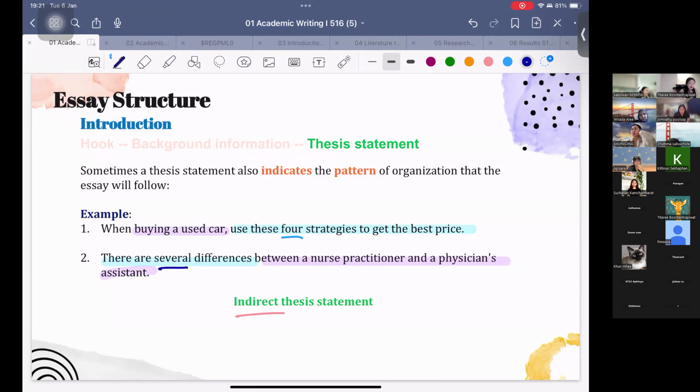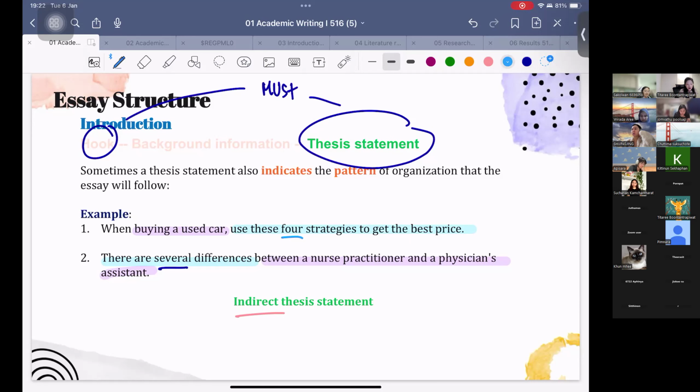The thesis statement must be one sentence when you write introductions. For the hook, this is a must as well. The thesis statement is going to be the last sentence in the intro. Okay, make sure you have both of them. For the background information, it's your option, your choice.